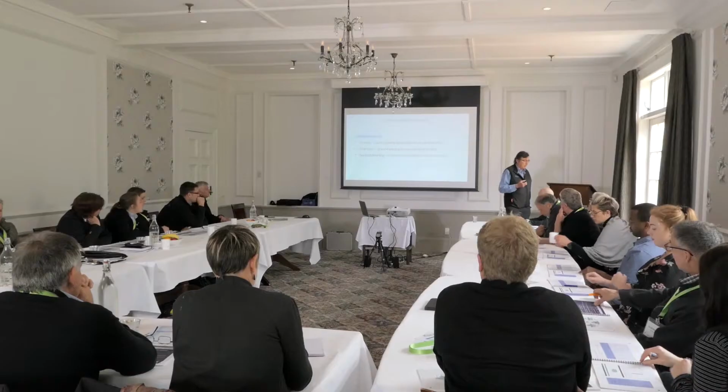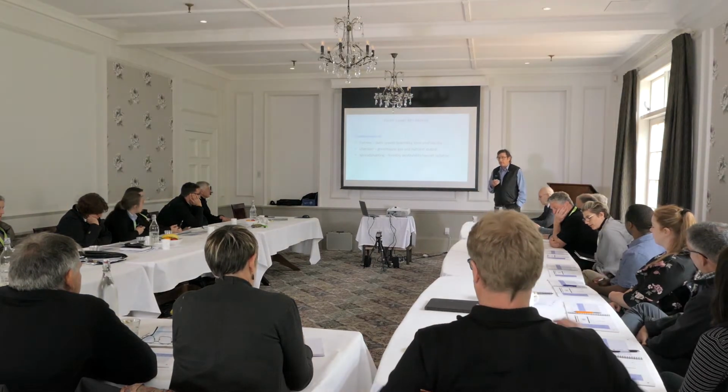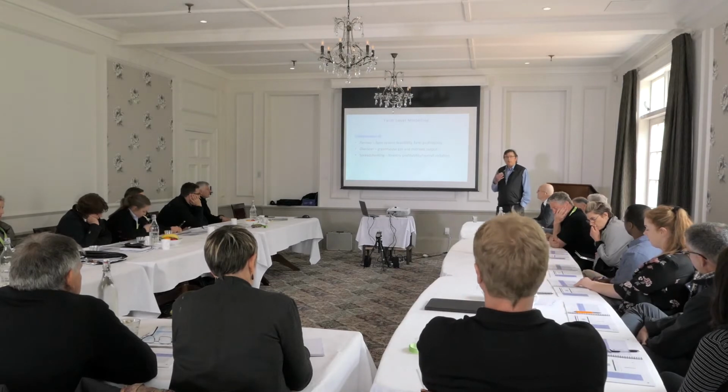So just to talk about the methodology for this modelling. The first step, if you like, was to set up the farm system within Farmax. And I trust most, if not all of you, know what Farmax is: a feed budgeting model that matches feed supply and feed demand, and it brings in the economic, farm income and farm costs component. You then transfer that farm system into Overseer, so you get greenhouse gas and nutrient output.